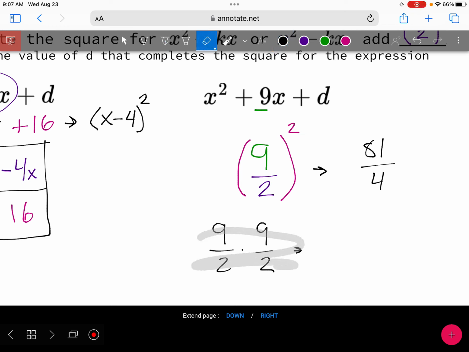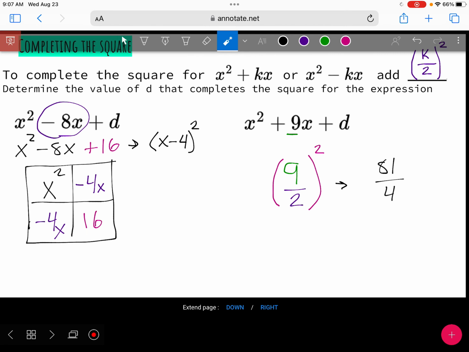Okay. So there's a whole section on the homework where you're looking at what number makes the square complete. So all you have to do is find me that value that would be added on the end. If we were to factor this all out, we would get x plus 9 over 2 squared as our factor.